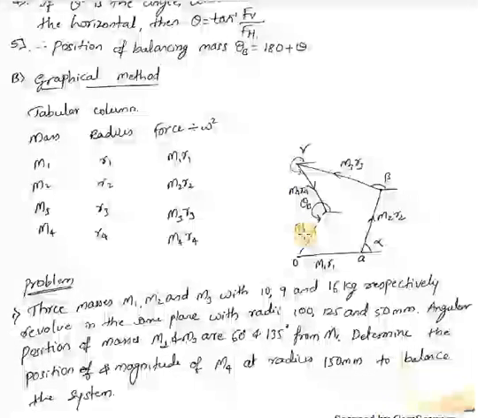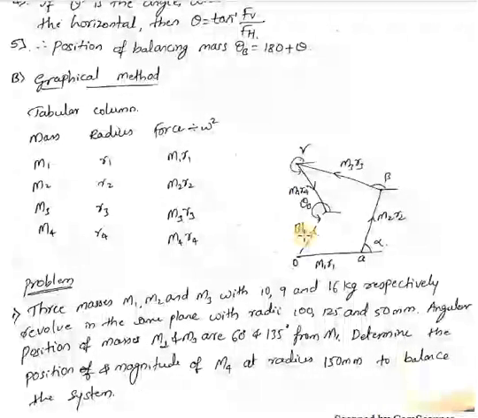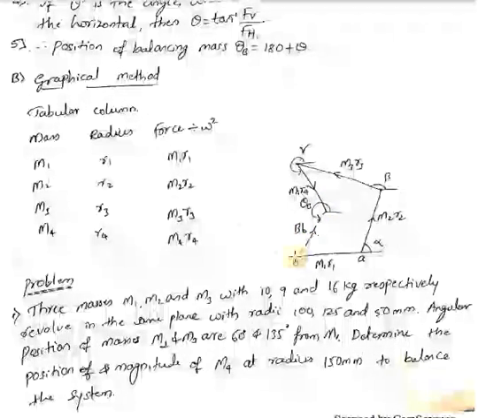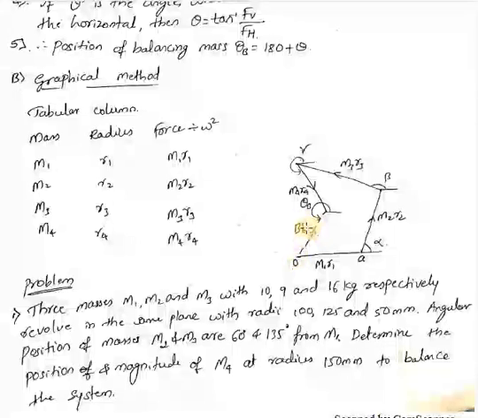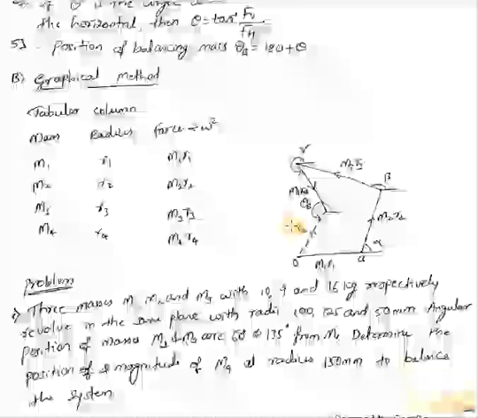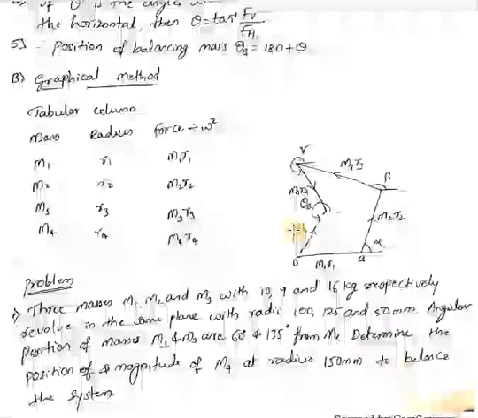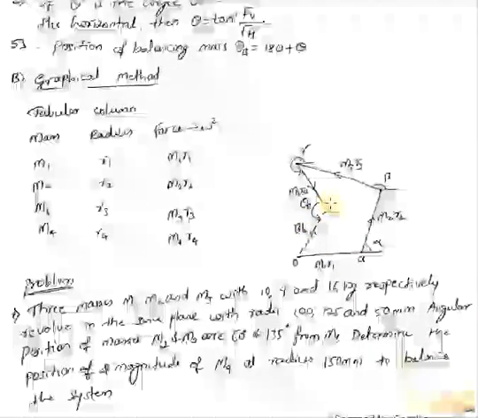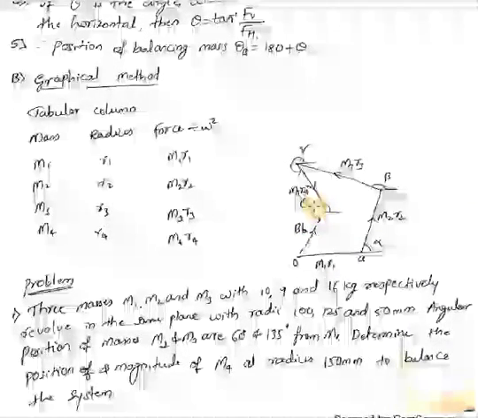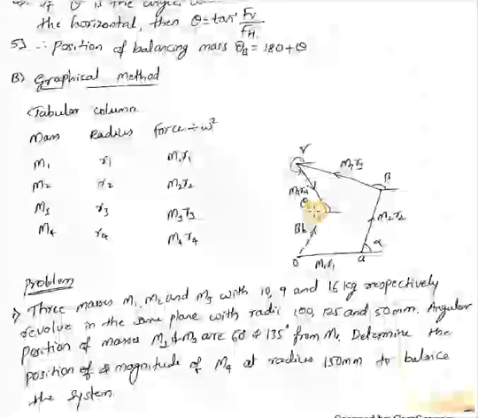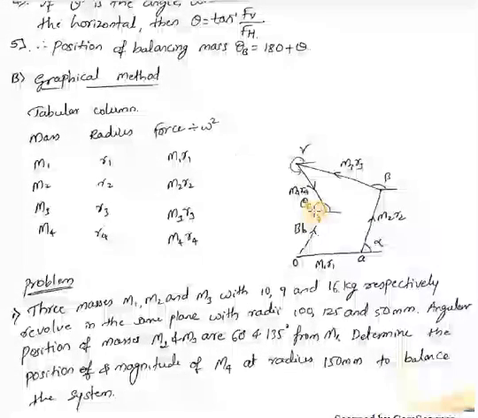For example, if I take 1:10 as the scaling factor, and if this is 1.5 centimeters, then the magnitude will be 1.5 into 10, which should be equal to b into rb. From this you can get the value of the balancing mass, that is b. And if you want to know the angle for that, you have to measure this angle in the counterclockwise direction. You will get the value of theta b. So now we'll try to solve one simple problem by using this graphical method.